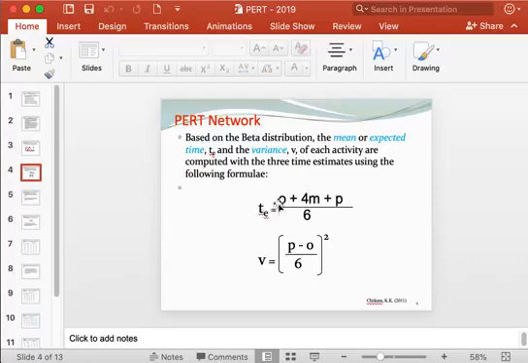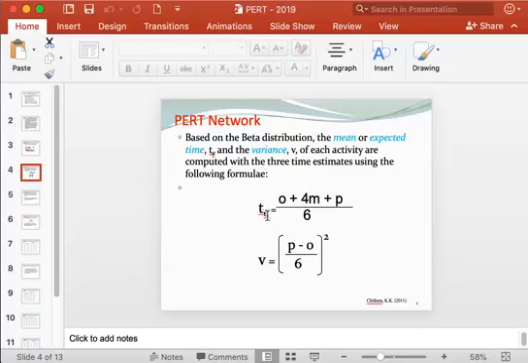So you can see these three time estimates, optimistic, most likely and pessimistic, are related by this equation: optimistic time plus 4 times most likely time plus pessimistic time, whole of this divided by 6, will give you the expected or mean time of the activity, which is denoted by small t e.